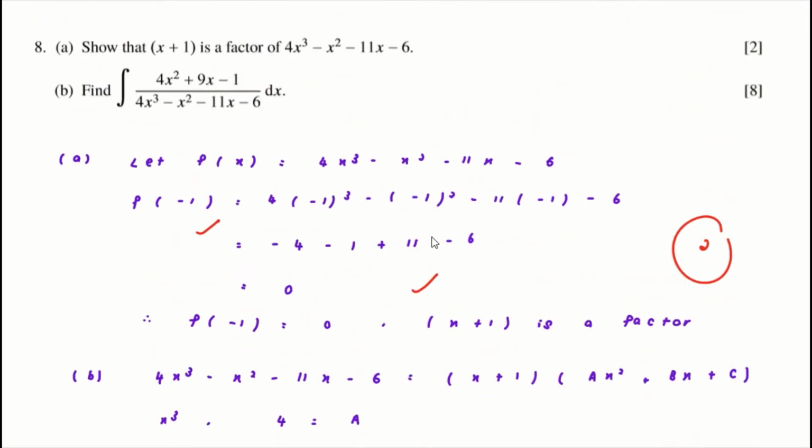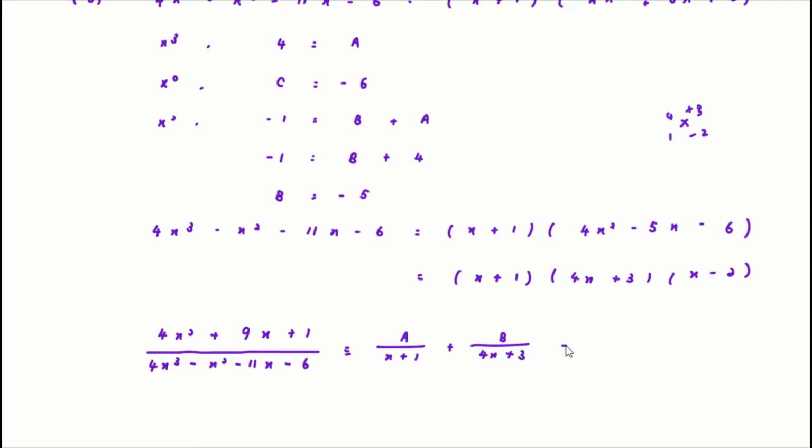So let's move on. 4x squared plus 9x plus 1 is equal to, let's expand this part, a over x plus 1 plus b over 4x plus 3 plus c over x minus 2.